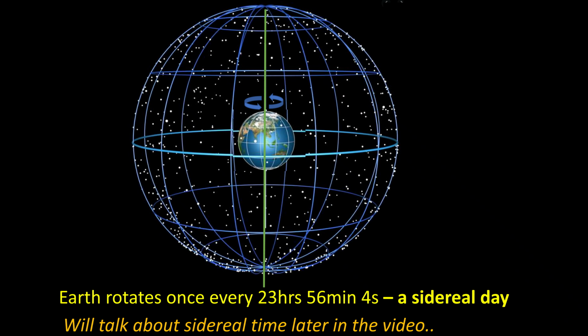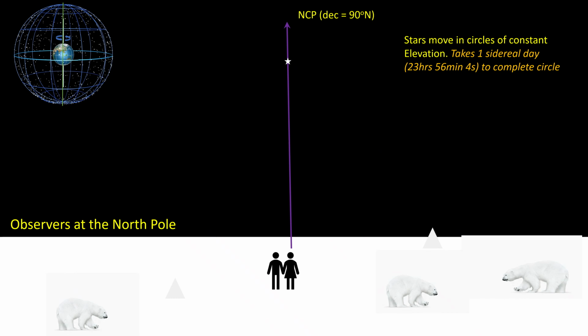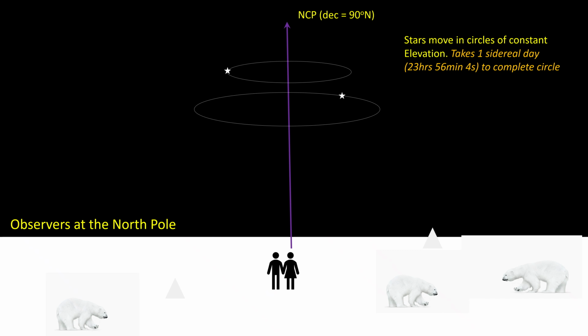If we were to stand at the North Pole, in the winter months obviously, when it's completely dark, and look up in the sky, we see that all the stars move in perfect circles around the North Celestial Pole, and it would take one sidereal day to complete a circle. The lower the declination, the larger the circles and the lower in the sky.